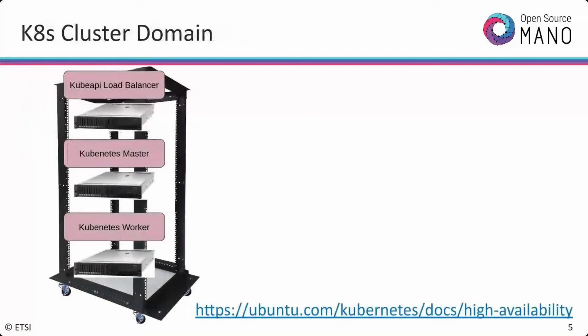Taking a look at K8s clusters, we know that there are several components to Kubernetes themselves. We've got the Kube API load balancer, the Kubernetes master nodes, and the Kubernetes worker nodes. And that's where the pods themselves will actually get scheduled and work will actually be done. A good high availability design would be to keep these separate from each other so that they are in separate fault domains.